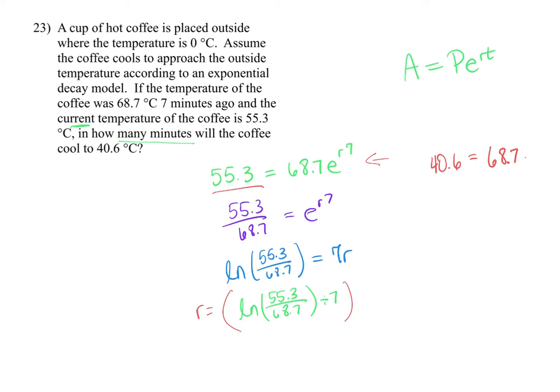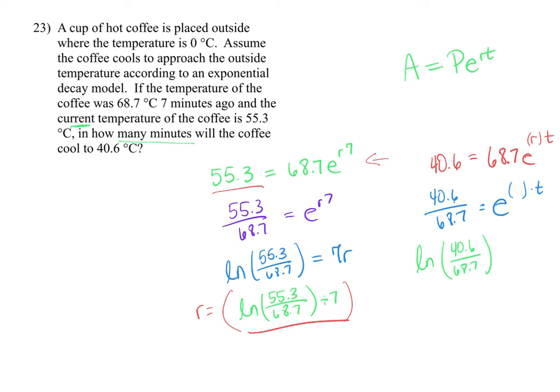So 68.7 is where I was, e to this r, and I'm going to put this whole guy up here, that whole r. t is what I'm solving for. I'm going to do the same process. Divide by that 40.6 equals e to this big old number here times t. I'll rewrite it in just a second. Natural log of both sides. So natural log of this guy equals, the e's cancel, that big rate times t, and then divide by that big rate.